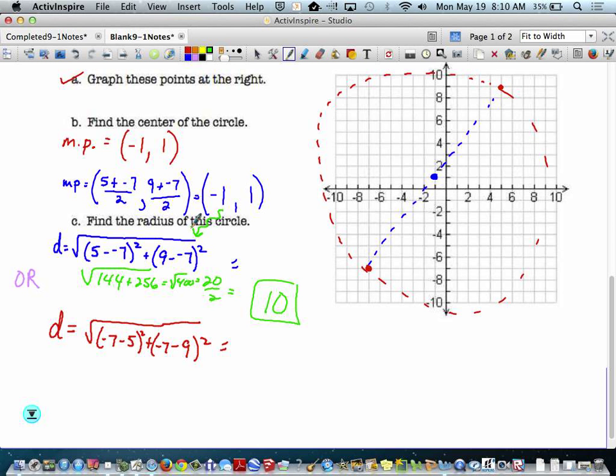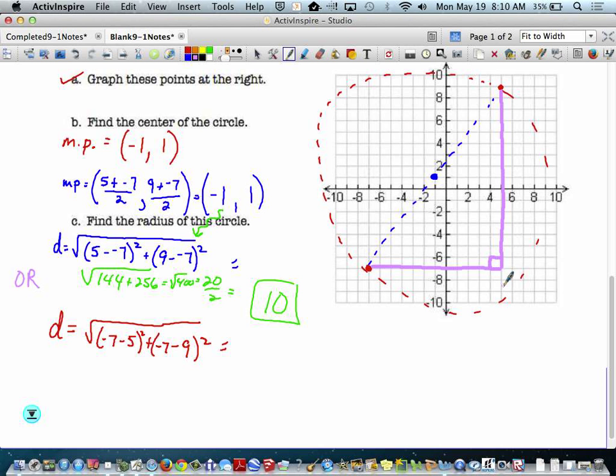Now, one of the things that was pointed out while you guys were working: in the past you may have had a teacher who, for distance formulas, had you draw triangles.